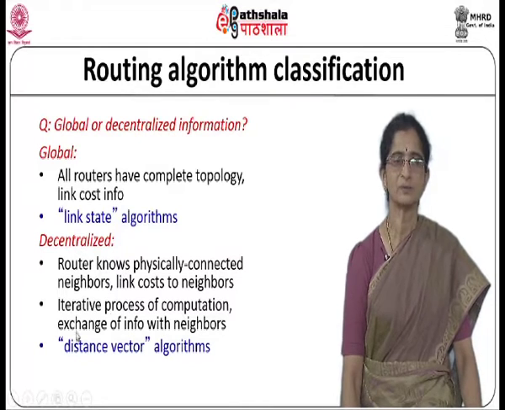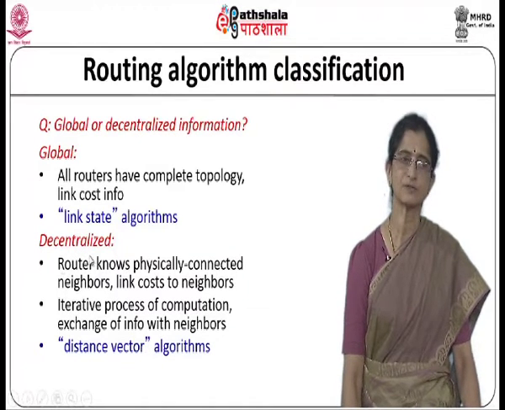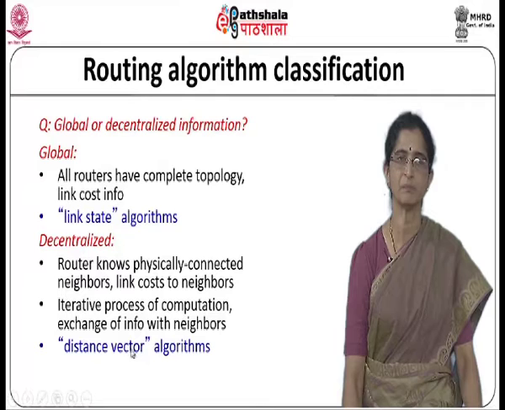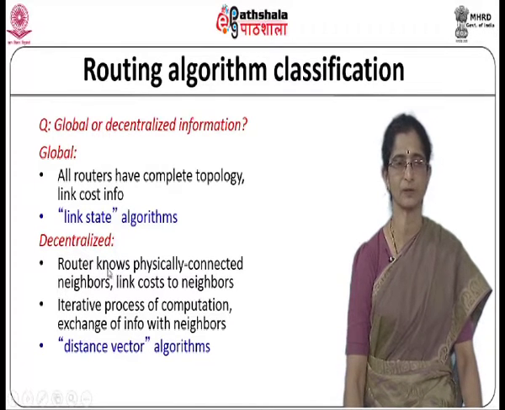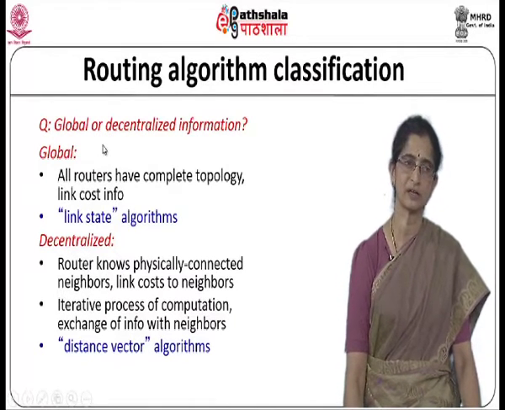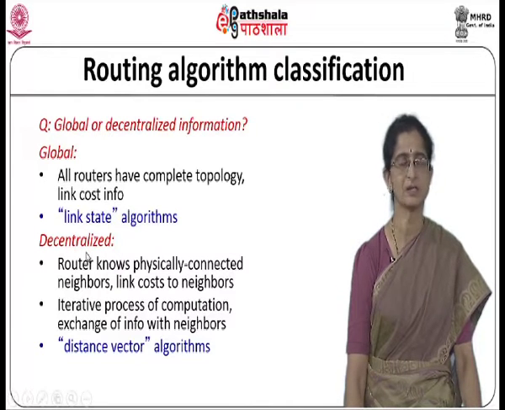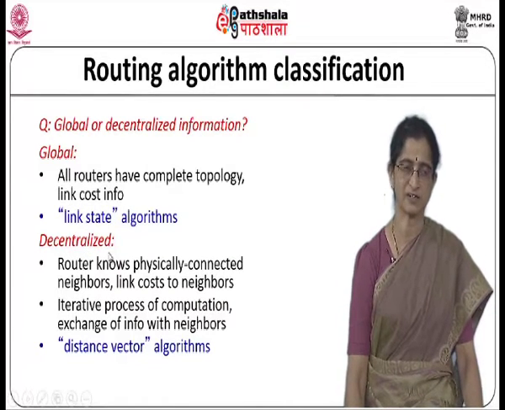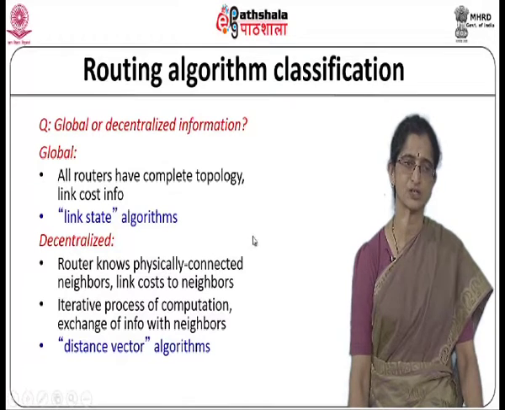The distance vector algorithm is an example of this kind of approach, and this is what we will be looking at now. So, we have these two options, global information based algorithms and decentralized algorithms. Both have their own advantages and disadvantages. We will take a look at these in detail.